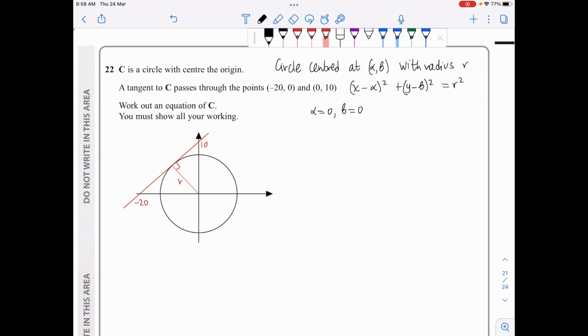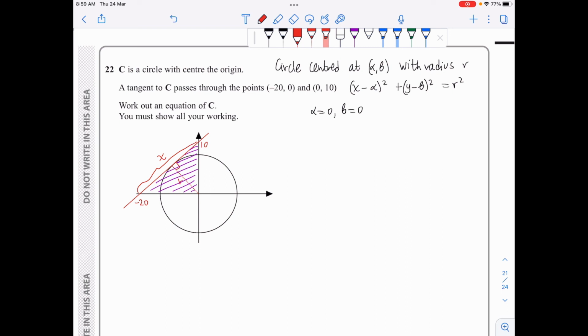So I'm thinking of trying to determine the area of this triangle in 2 different ways. So one way is just to do base 20 times height 10 over 2, and the other will be to do this as the base x times the height of r over 2. So I will call this distance here x.